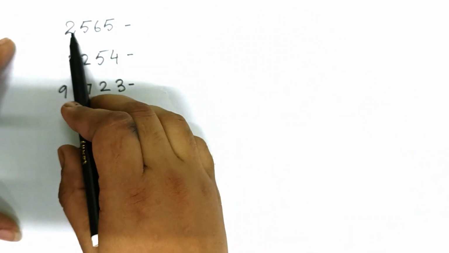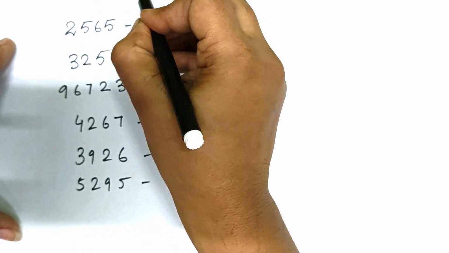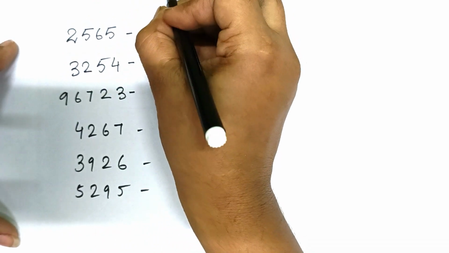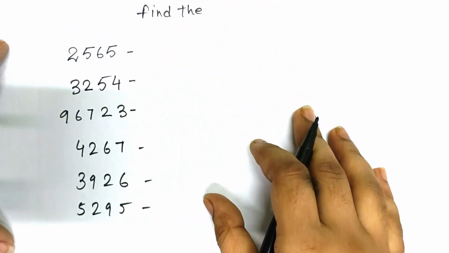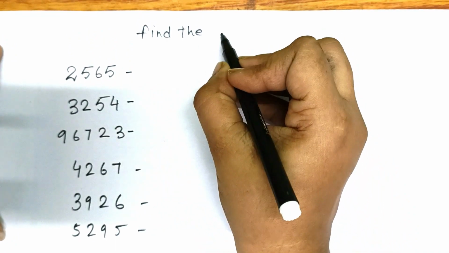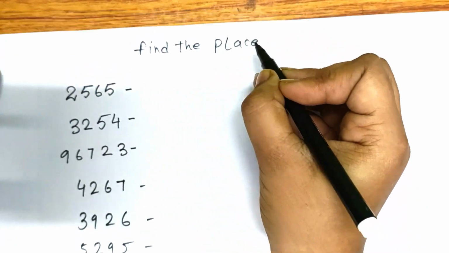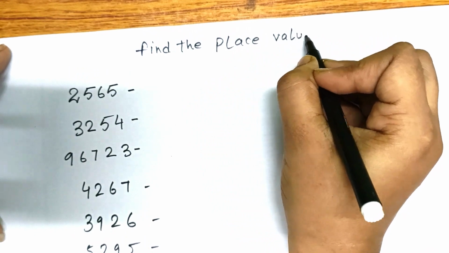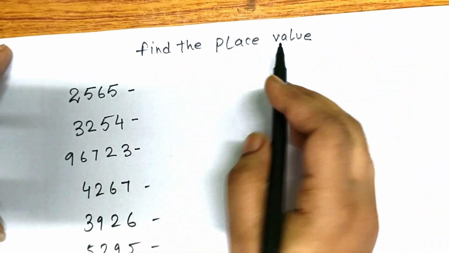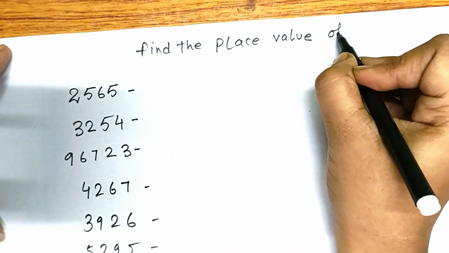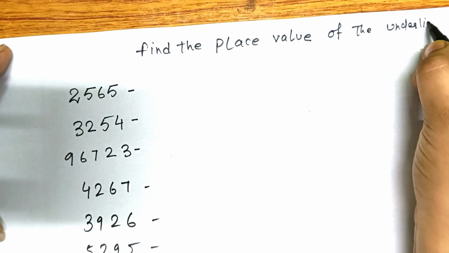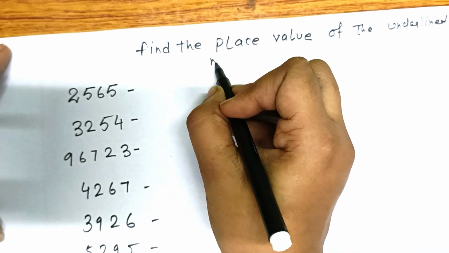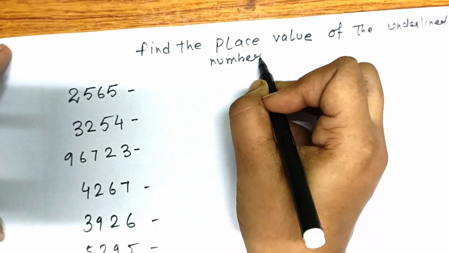My first number is 25, so find the place value of the underlined digits.